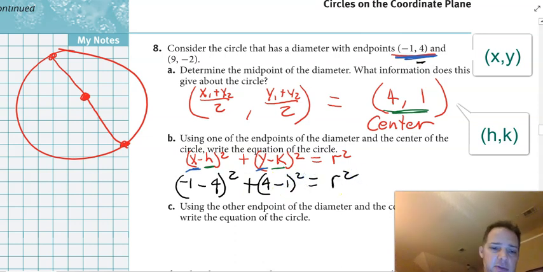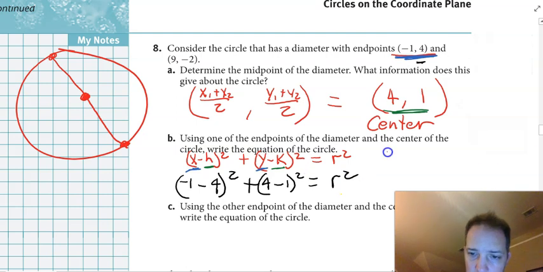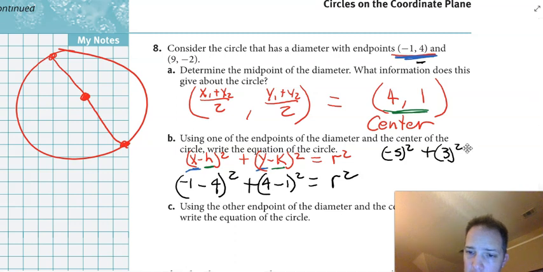So simplify, -1 minus 4 is -5 squared, plus 3 squared. So 25 plus 9 does give me 34. So then square root both sides, I do get r equals square root of 34.